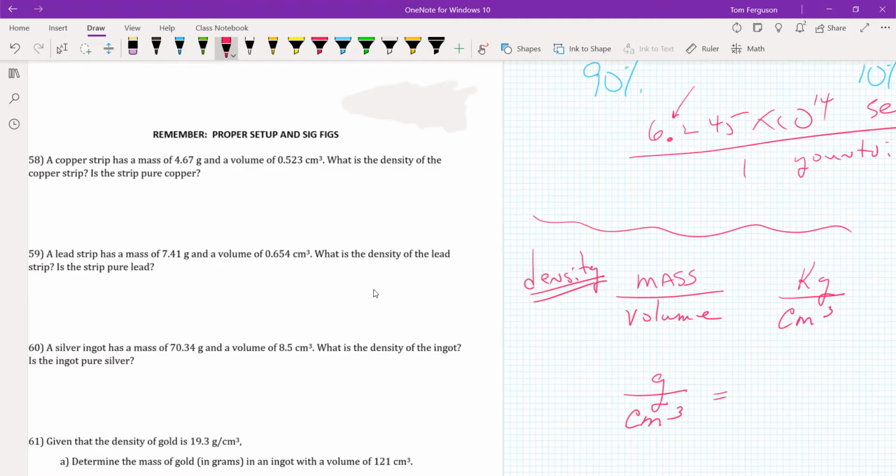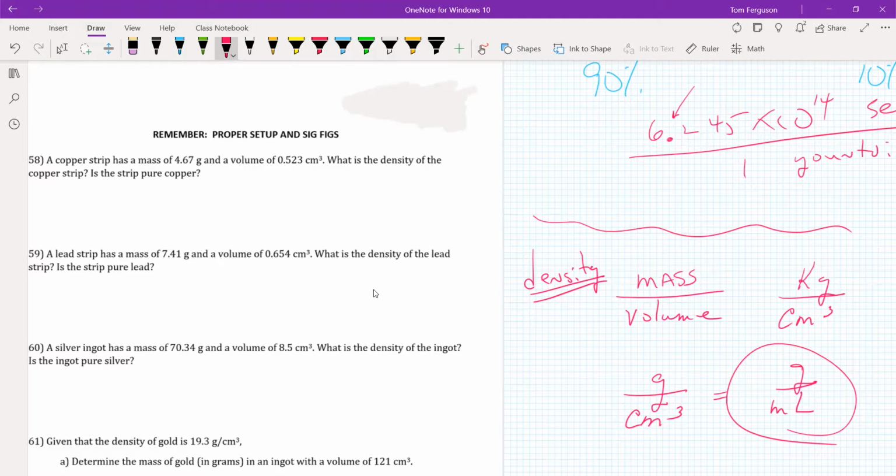And a cubic centimeter is the same as a milliliter. So it's grams per milliliter. Now the abbreviation for liter is uppercase L. Milli is lowercase m. So it's little m, big L. Okay, so that is density, grams per milliliter.